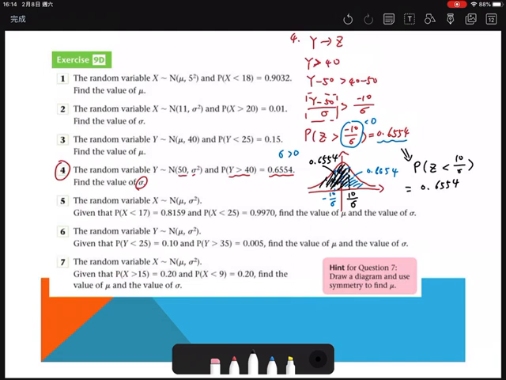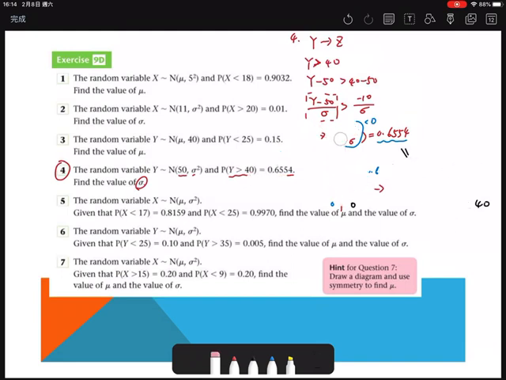From the table the corresponding value to 0.6554 is 0.40. So sigma is 25. So this is question 4. All right, and we have to stop here.